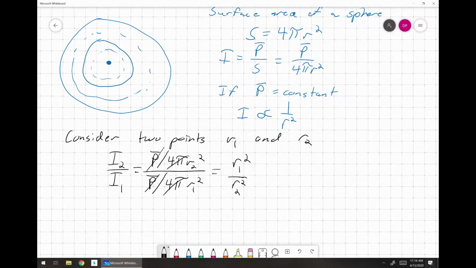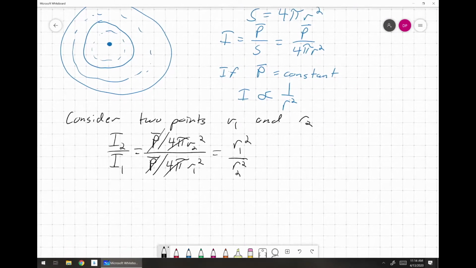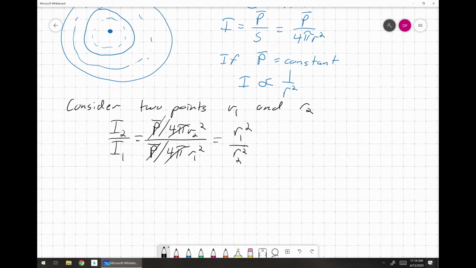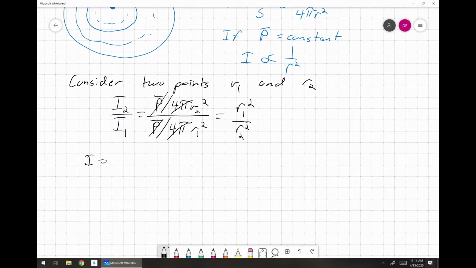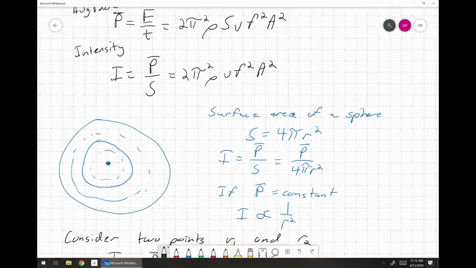Okay, so this also then means that the amplitude of the wave is going to decrease with distance, right? So we know that the intensity is proportional to the square of the amplitude. We wrote down previously that our intensity had a bunch of constants out front, but we'll just say that it's proportional to the amplitude squared. So we wrote that down back up here.